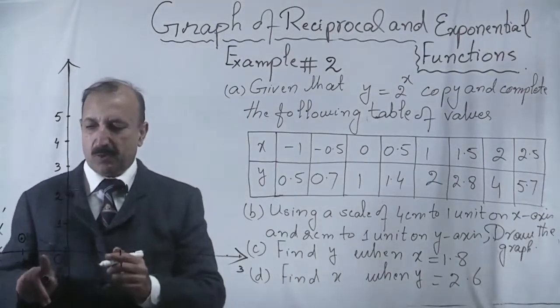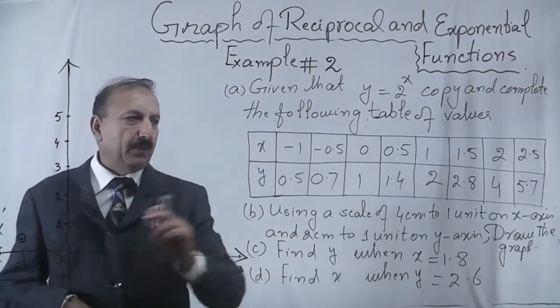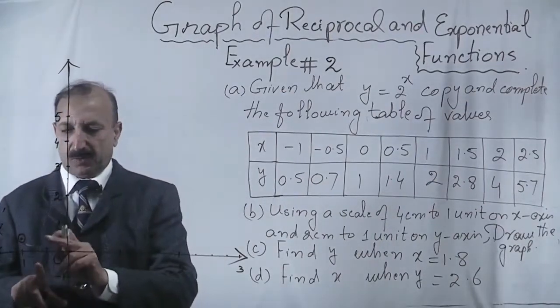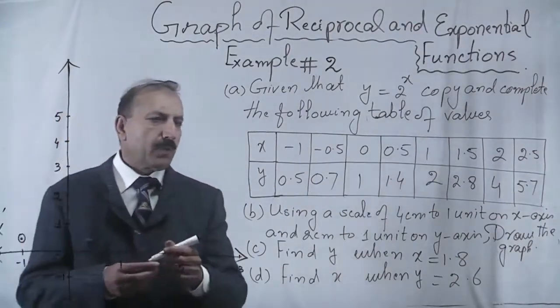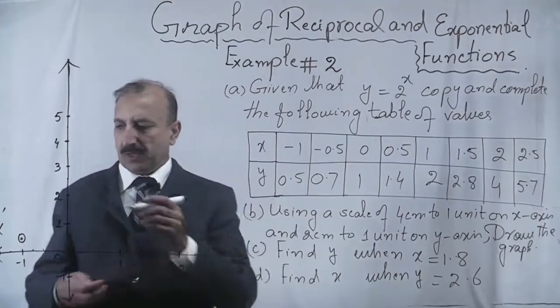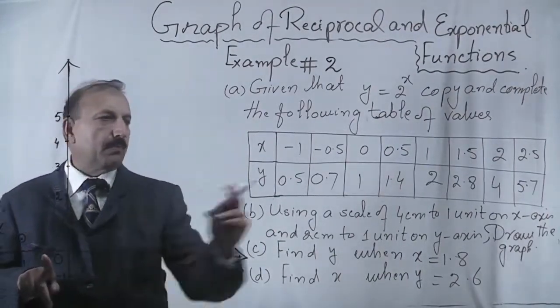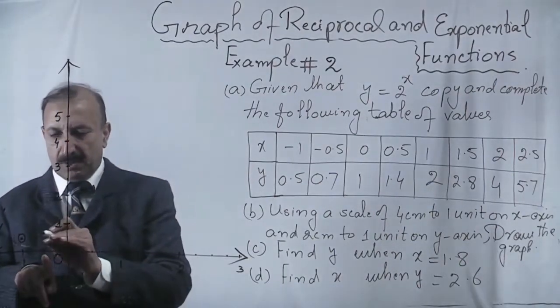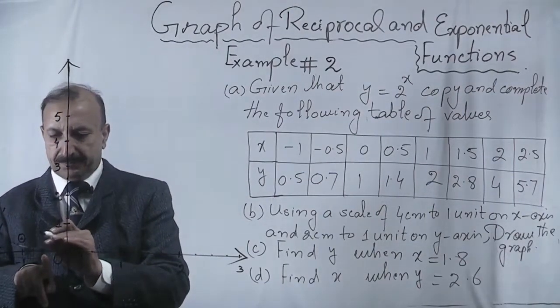Here is minus 0.5, x is here, and value of y is 0.7. Here this value is 0.7. So value of minus 0.5 for x, y 0.7 will be approximately here.